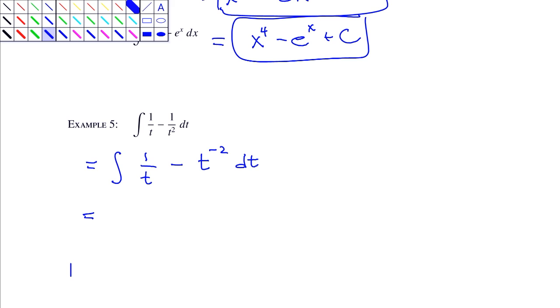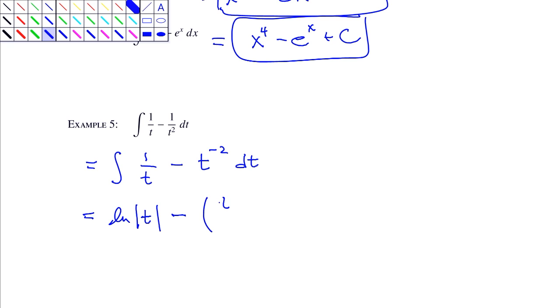What is the integral of 1 over t? Natural log. Use the absolute value. So it's natural log of the absolute value of t minus, now let's run the rules on t to the negative 2.